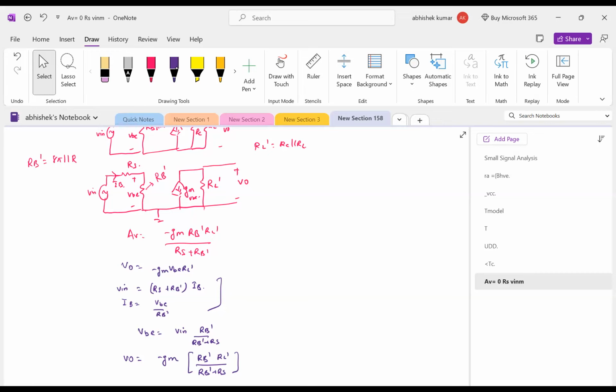Okay. What will be the I out? I'm redrawing my circuit.